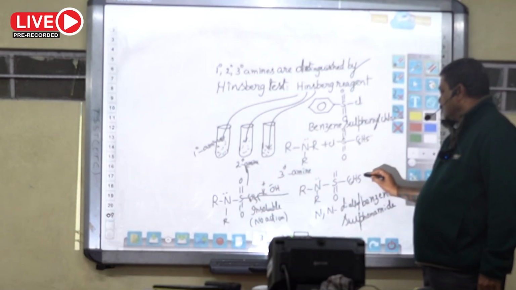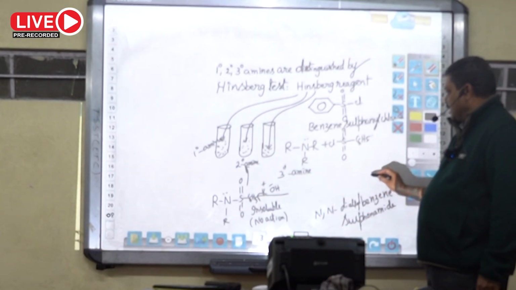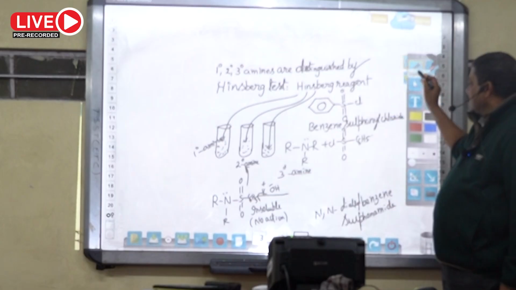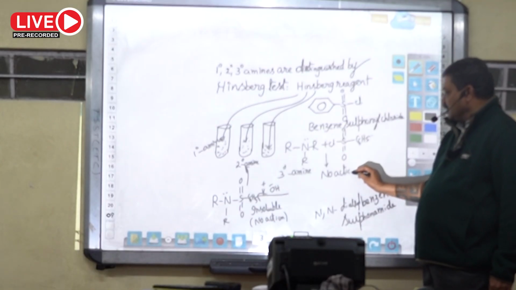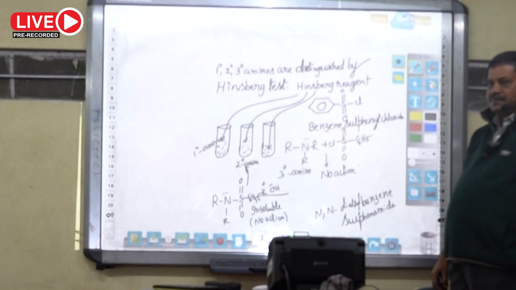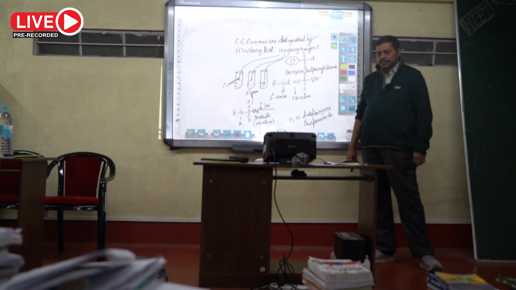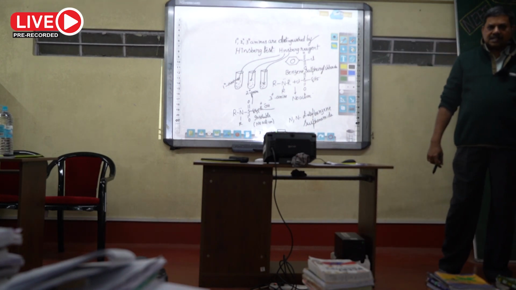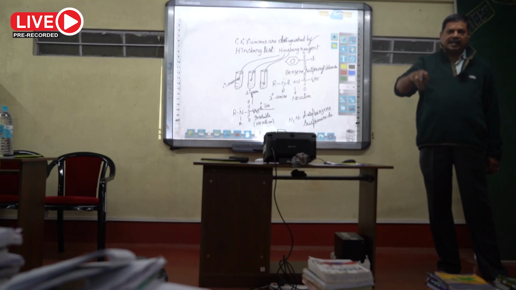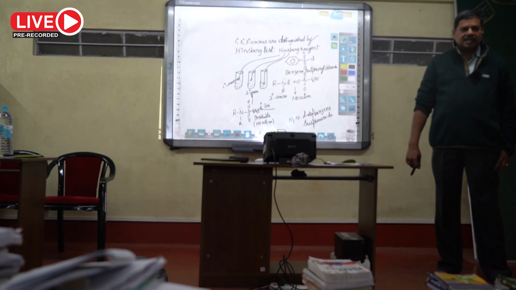When tertiary amine is treated with Hinsberg reagent, no action, because there is no replaceable hydrogen. So how do you distinguish primary, secondary, tertiary amines? By the Hinsberg test, we add Hinsberg reagent. What is Hinsberg reagent? Benzene sulfonyl chloride.